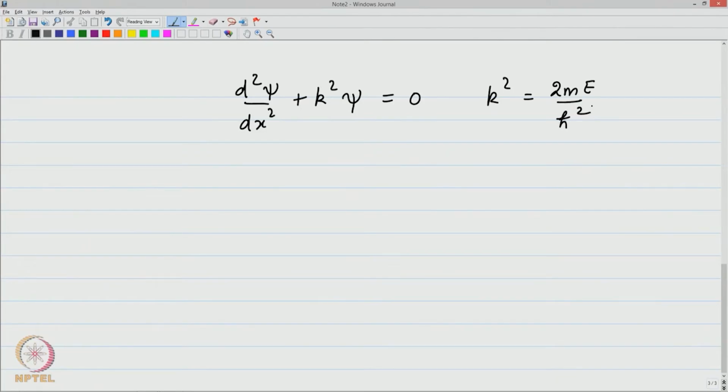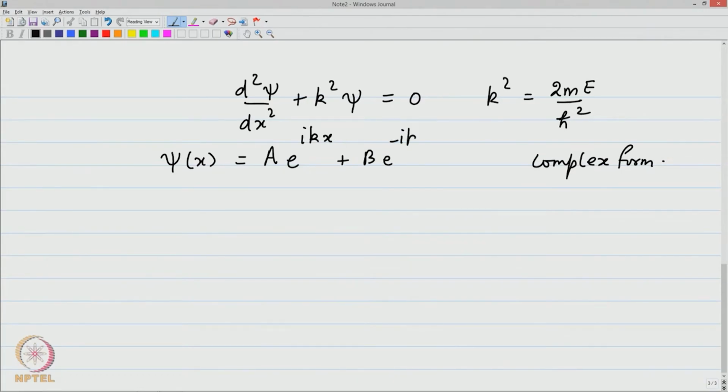After rearranging the equation, the general solution is usually written in the complex form, A e to the i k x plus B e to the minus i k x, where A and B are unknowns.